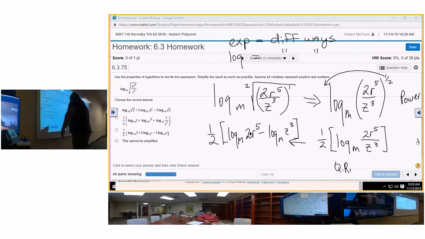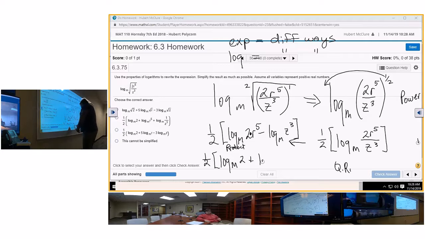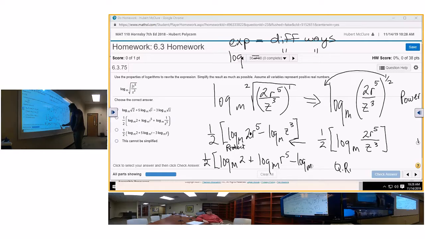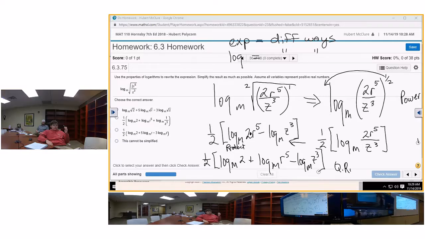So I'm going to put product rule right here, and make it 1/2 brackets log base m of 2 plus log base m of r to the fifth, minus log base m of z to the third. Now what? Now you put the 3 over. Give me the rule.